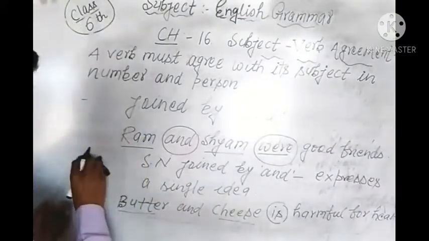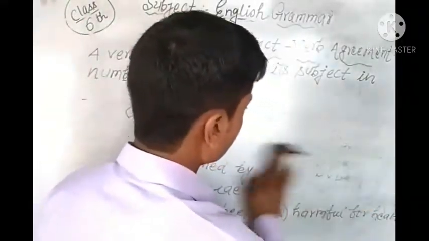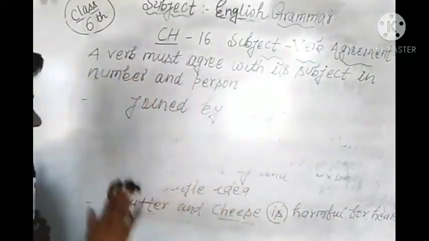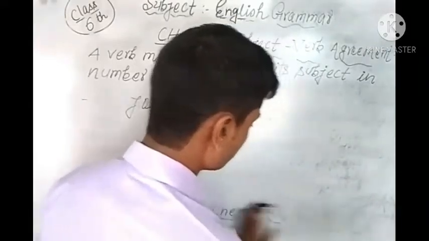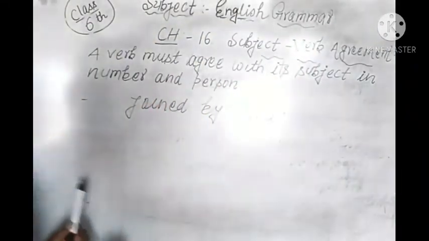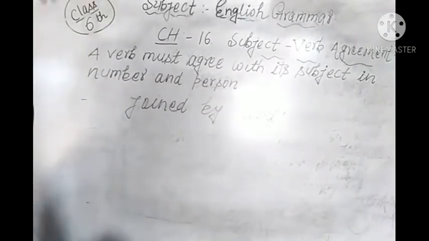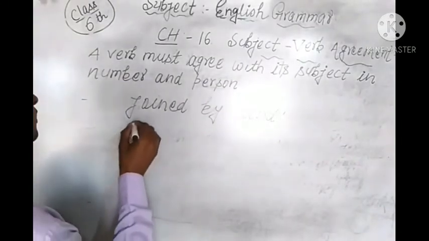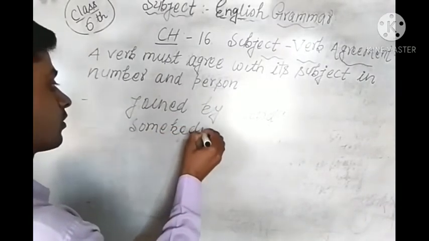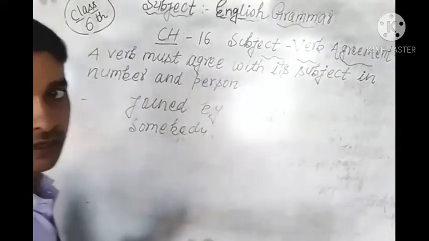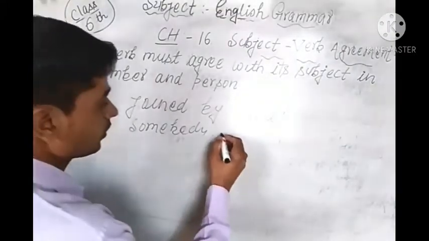Now next, there are some other formulas. If the subject starts with somebody, anybody, nobody, someone, then the verb would be singular. Any sentence which starts with these, the verb would be singular.